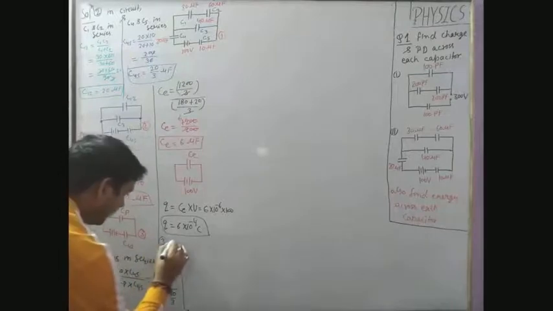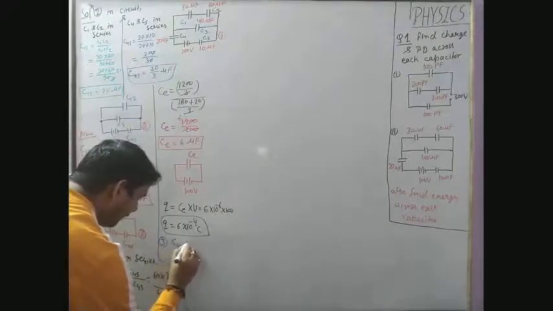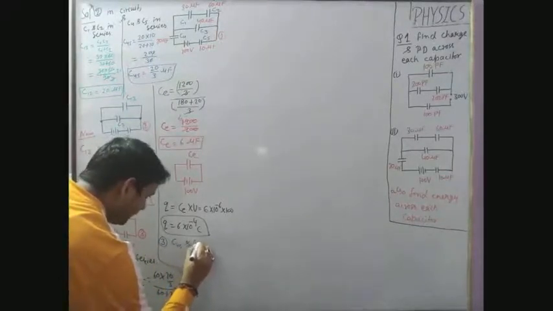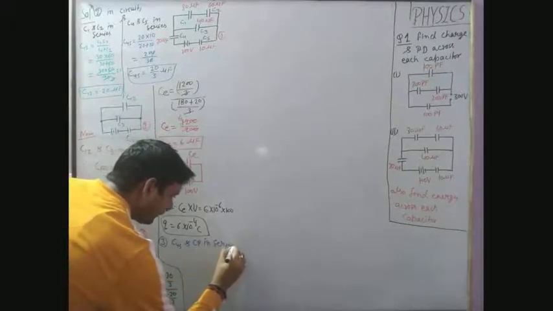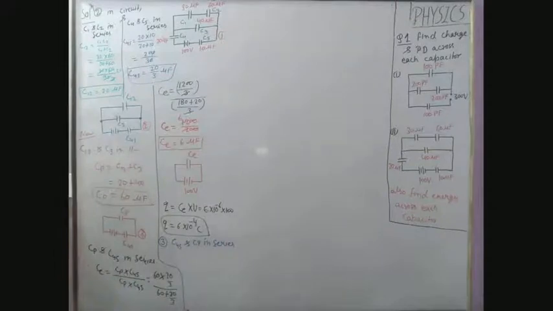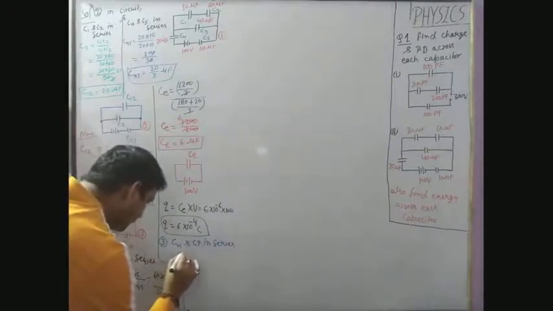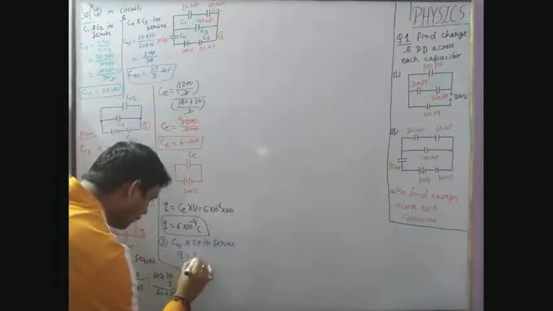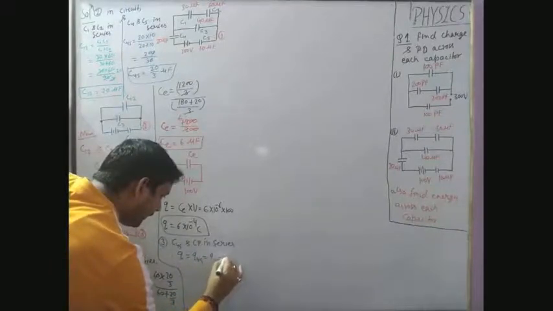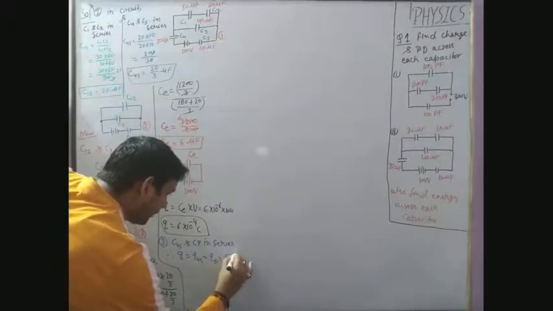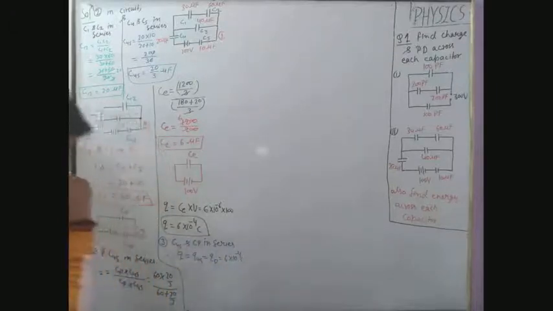Now C45 and Cp in series, therefore Q is equal to Q45 equal to Qp equal to 6 into 10 to the power minus 4 coulomb.